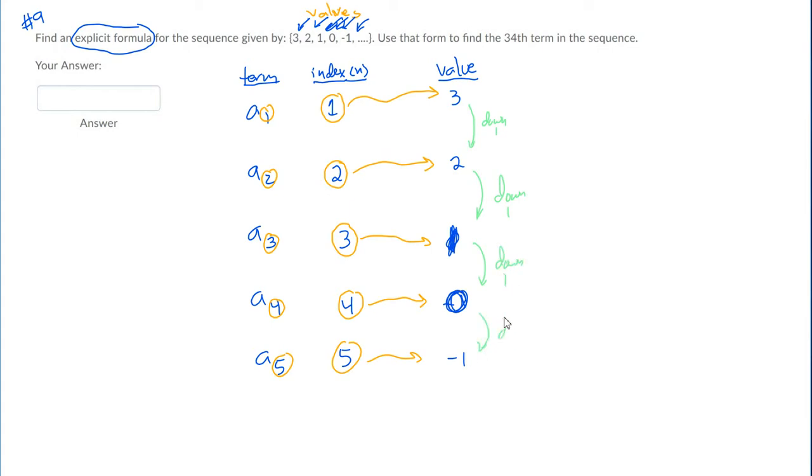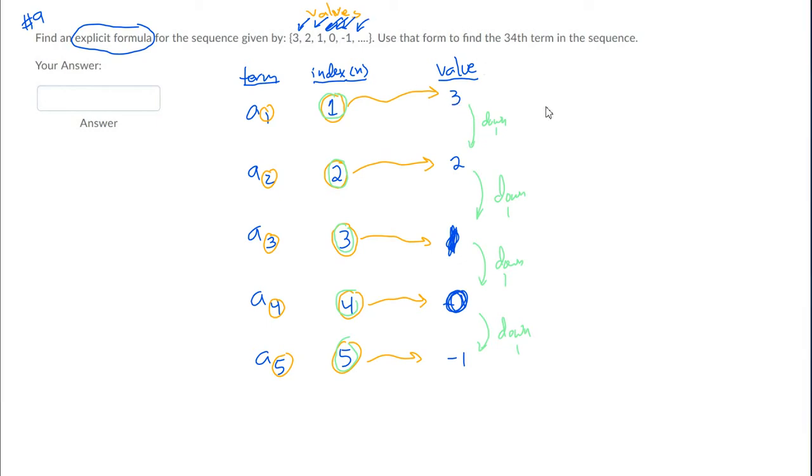Now, if you're going down by 1, what's causing you to go down by 1? What's causing changes are these index numbers. The index numbers change. So every time the index numbers go up by 1, the value of my term is going down by 1. So that suggests that I'm subtracting these index numbers. In fact, what could I subtract 1 from that would generate a 3?